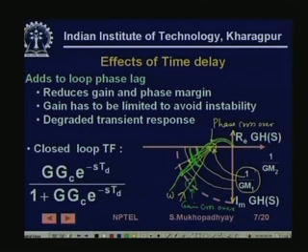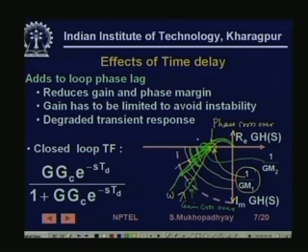Similarly, the gain has increased. So now the gain margin is reduced. If GM2 is the gain, then 1 by GM2 is the gain margin, so that has reduced.